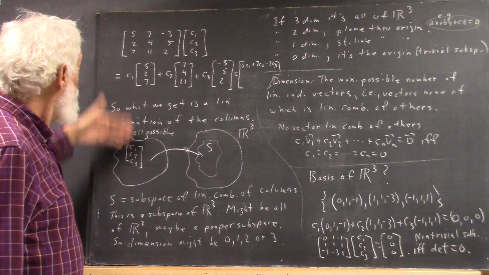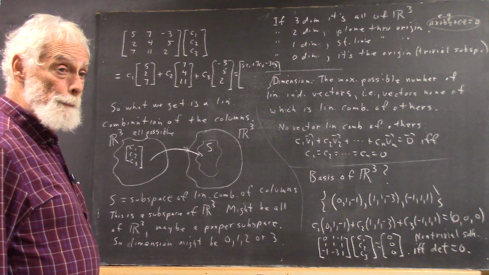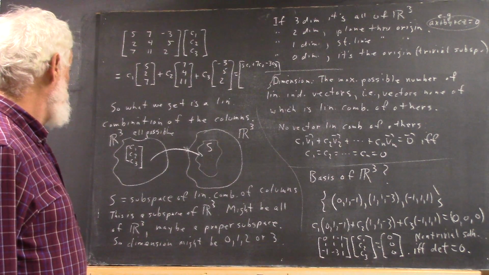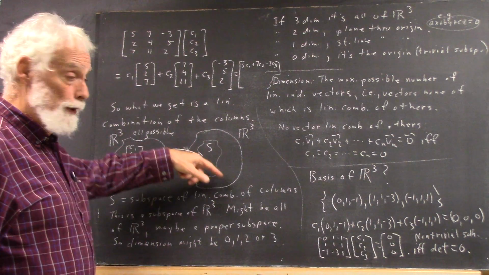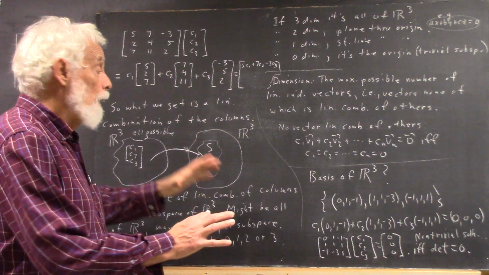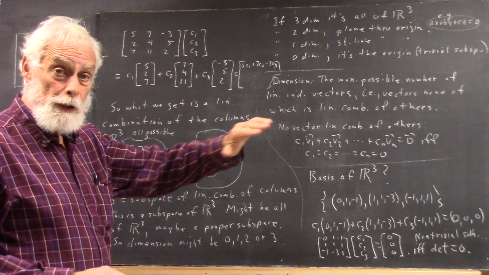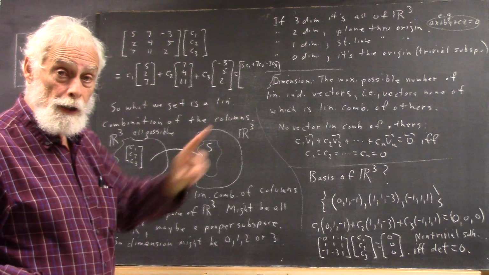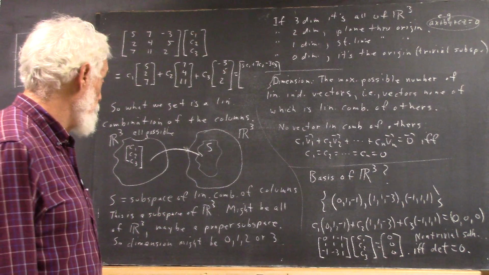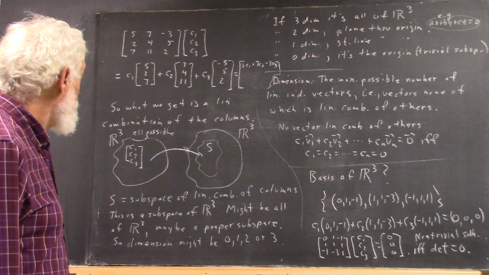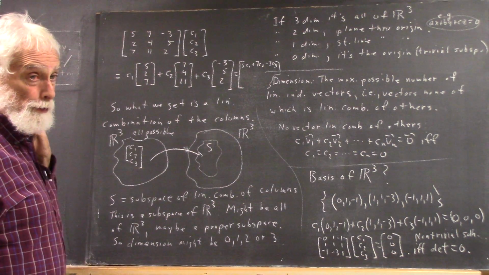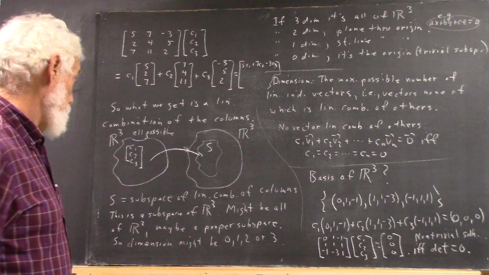And if you apply the transformation to all those points, then, as I said, what you're going to get over here could be all of R3. It could be just a plane through the origin of R3, and it could just be a line through the origin of R3. Of course, if you got all zeros in the matrix, it could just be the origin, okay?